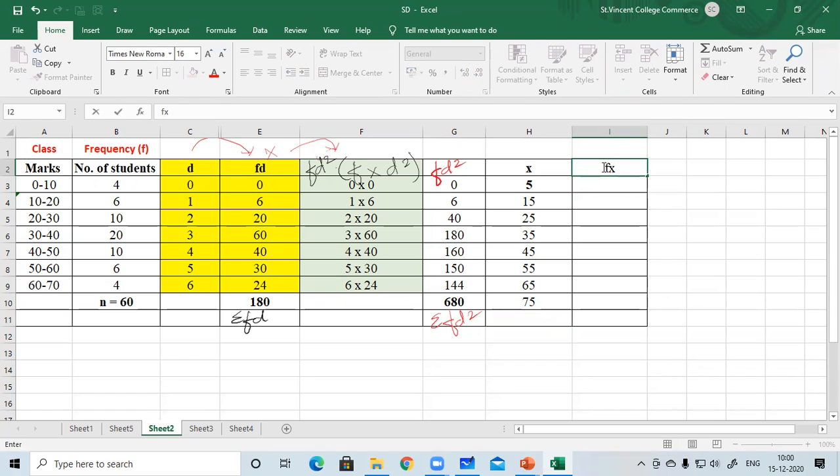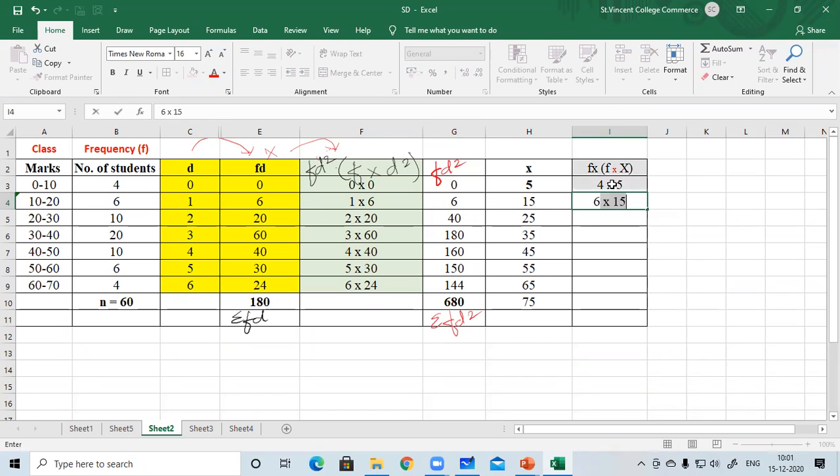Now the next column is fx. Fx means f multiplied by x. That is the meaning of fx. So be careful. See the column of f into x. What is f? Frequency column. So 4 into 5.